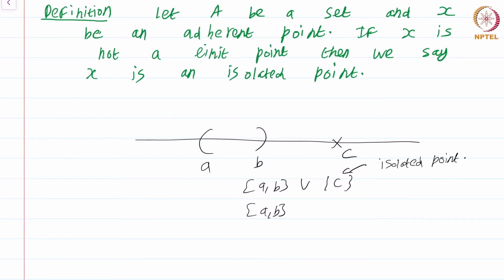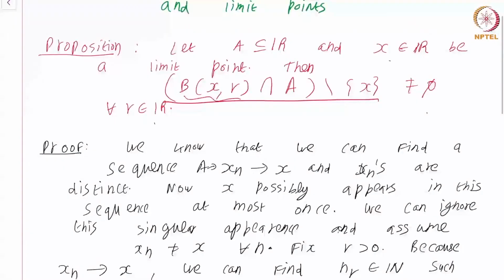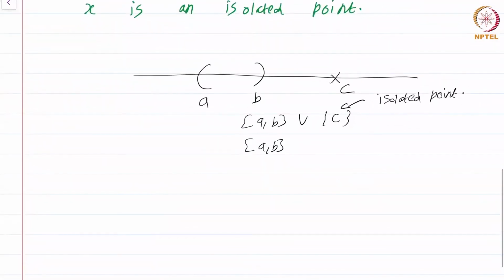Okay. So from the formulation in the previous proposition that we have, that if a point is a limit point, then B(x, r) intersect A minus {x} should be non-empty, and the converse, which I have left for you as an exercise, combining this, we have the following proposition, which just follows from understanding the meaning of the definitions and the previous proposition.